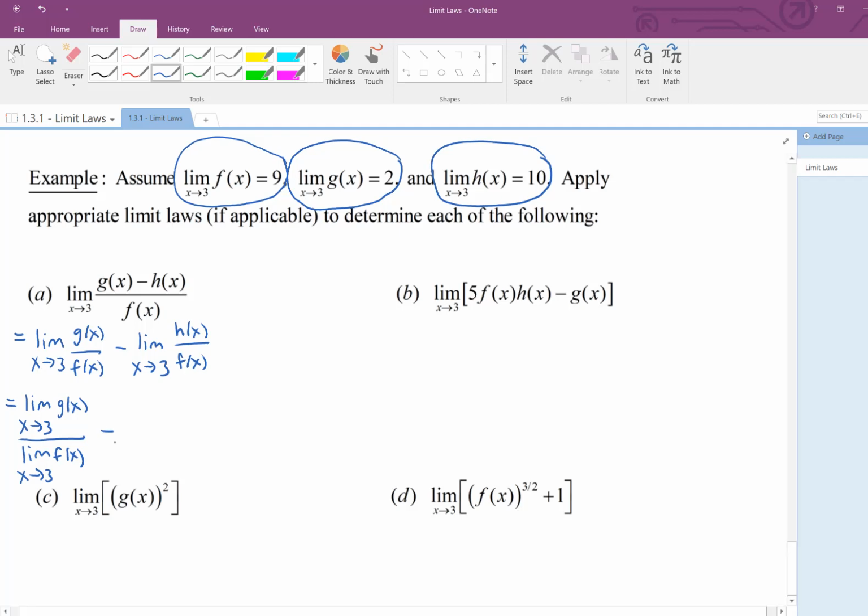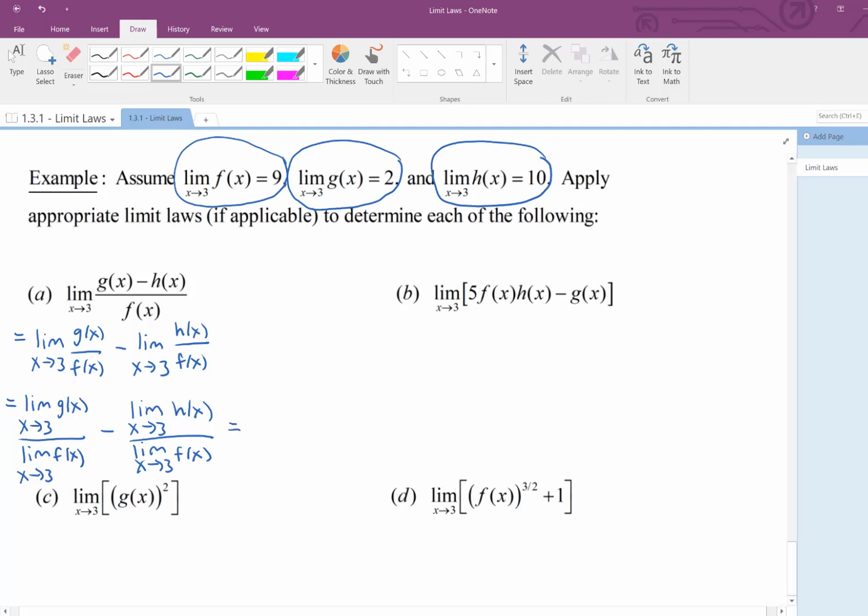And then from this amount, we're going to subtract limit as x goes to 3 of h of x over the limit as x goes to 3 of f of x. So you see, we break down a limit of stuff into the stuff of the limits, assuming the limits exist in the first place and all the conditions are satisfied.